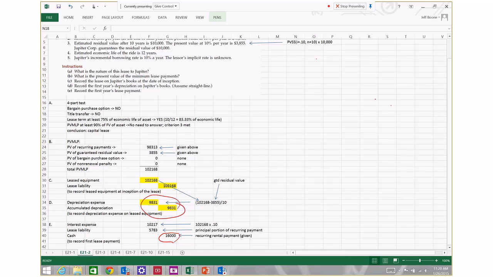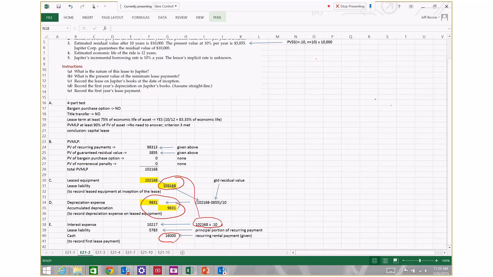So the way you do that is to first figure out the portion of the $16,000 payment that is characterized as interest. And the way you calculate that is you take the carrying amount of the lease obligation at the beginning of the interest period. That amount is simply the amount that we credited that lease liability for when we booked the lease, 102,168.